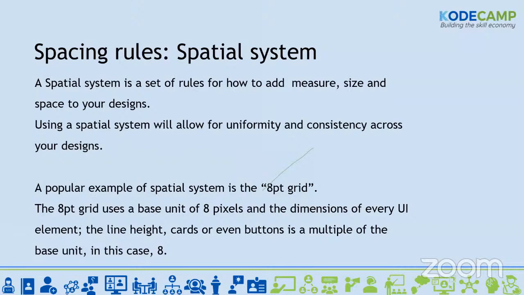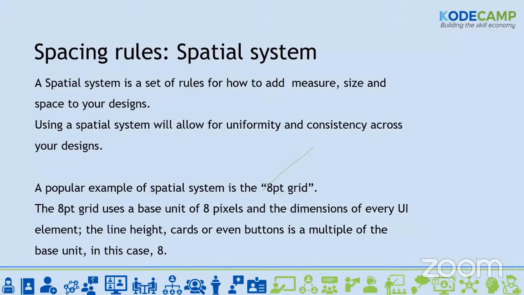The 8-point grid uses a basic unit of 8 pixels, and the dimensions of every UI element, from the line height to the cards or even the button, is a multiple of the base unit, which in this case is 8. This is what I meant when I said it is divisible. I remember using that word.